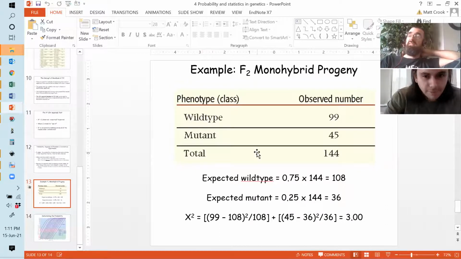So as long as you're consistent between what you expect and what you're observing, it doesn't matter what these are. You're looking at the difference between what you observe and what you expect for that given outcome.